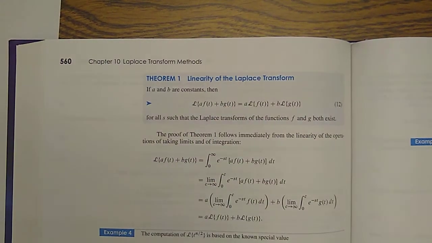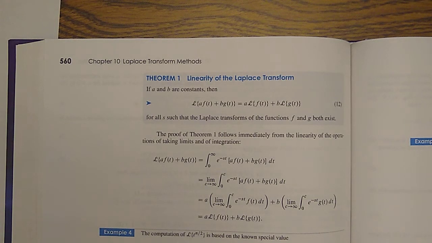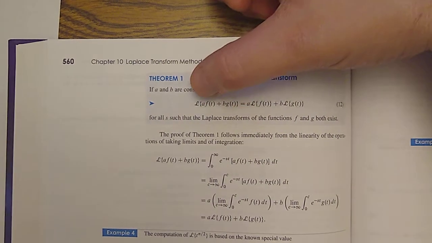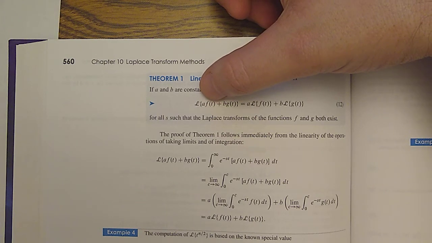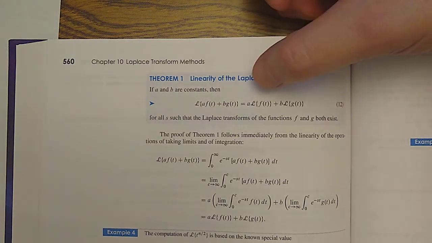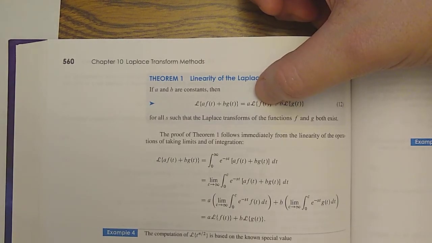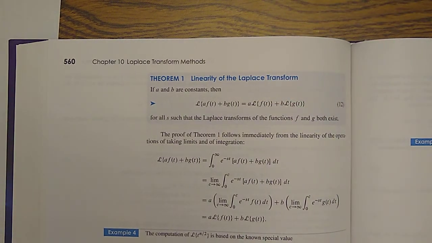This is a commonality between Laplace transforms and derivatives and integrals. When you're doing the derivative of, say, a constant times a function, you just leave the constant right there. And if you are doing the same thing for an integral of a constant times a function, you can just pull the constant out. You can do that with Laplace transforms as well. So if you're trying to do the Laplace transform of a f of t plus b g of t, you can just do a times the Laplace transform of f plus b times the Laplace transform of g.